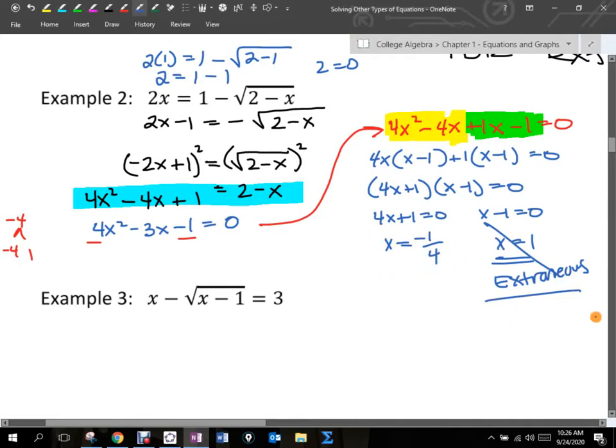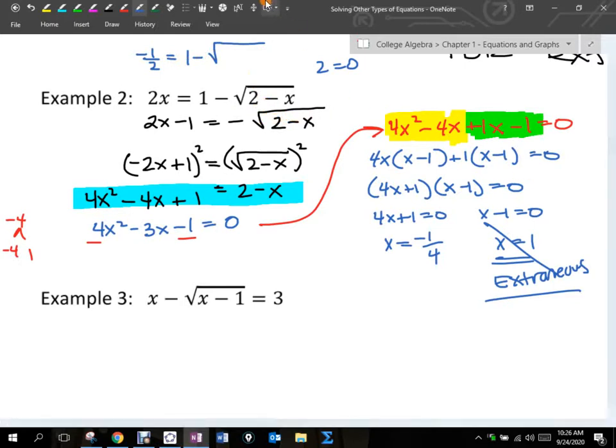That does not automatically make this an answer, though. I want to check that one. So 2 times negative 1/4, okay, is negative 1/2, right? Equals 1 minus, okay, now I'm going to have 2 minus negative 1/4.